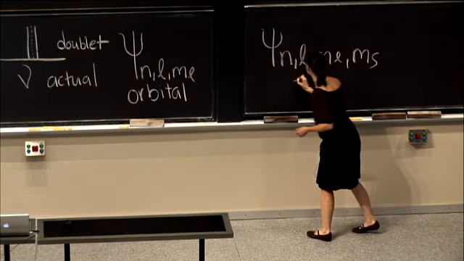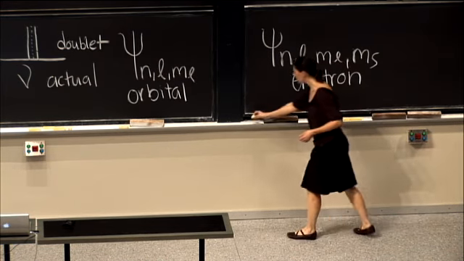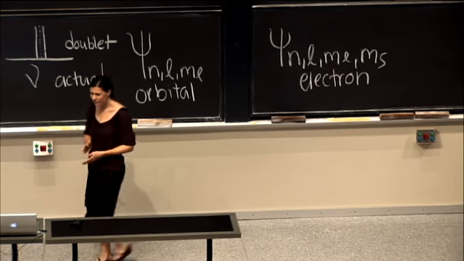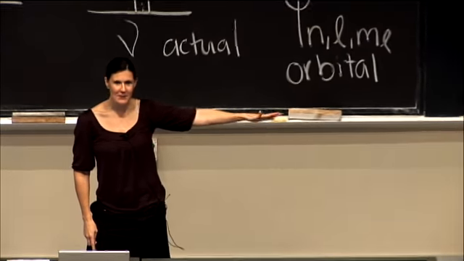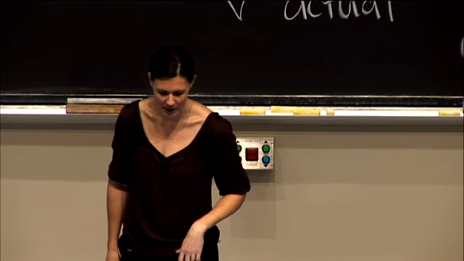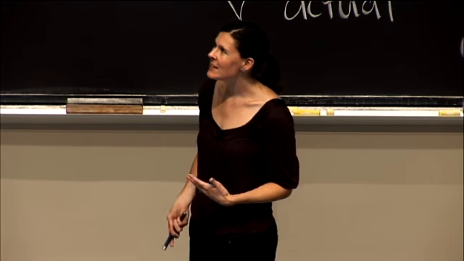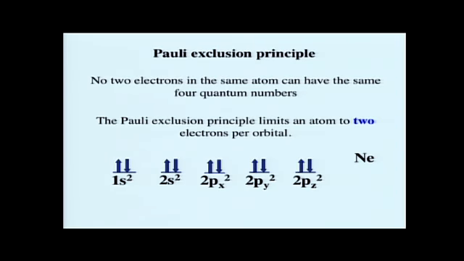An electron. So now we have the complete description of an electron within an orbital. So that's an important distinction to make. What 3 quantum numbers tell us versus what the 4th quantum number can fill in for us in terms of information. So what that means is that we're limited in any atom to having 2 electrons per orbital, right?